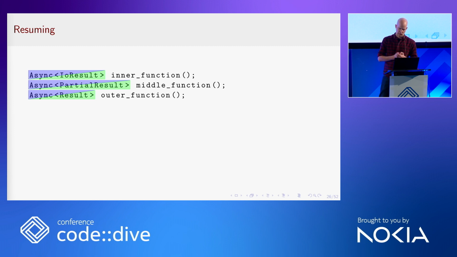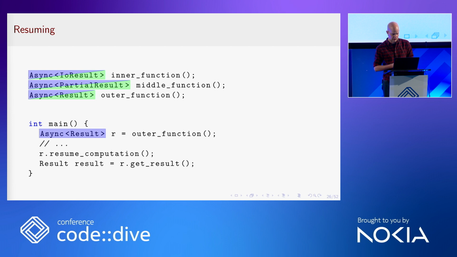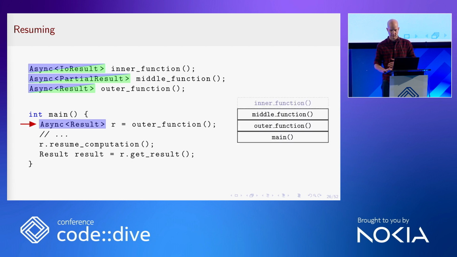So let's look at what happens when we want to suspend nested tasks. We have adjusted all of our interfaces, and now let's say we're in main, we want to spawn up all of our tasks, right? So we spawn up our stack of functions, we reach the inner function, and now it reaches the point where it's waiting for the IO.